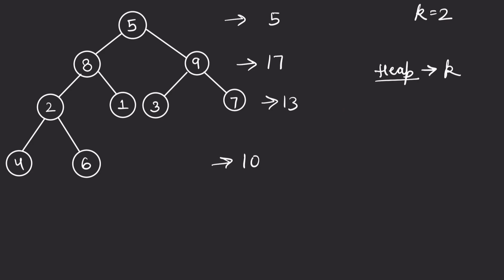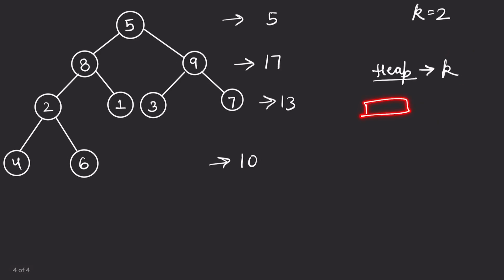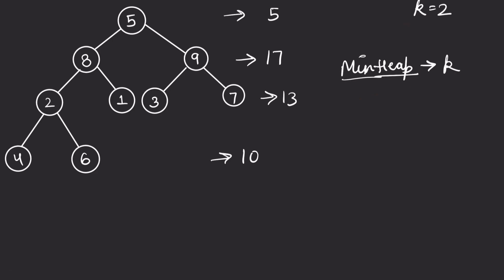Now, how can we achieve that? If I am using a heap whose max size is always k, and I want the top element to store the kth largest sum, then what is the case when a heap can store the top element as the kth largest sum? If I use a min heap, right, and our numbers are 5, 10, 13 and 17, right?